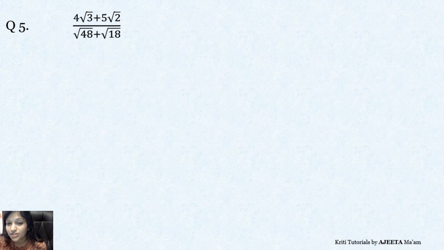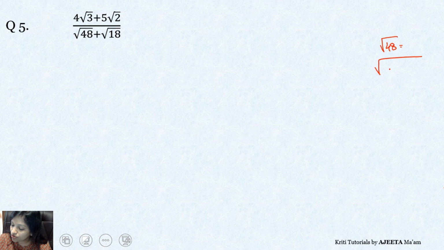Now here again we see that the denominator has very large numbers. For such questions, first we have to check whether it can be simplified or not, to make our calculations easier. Now if we check root 48, what will be the factors for 48? 4 into 4 into 3.